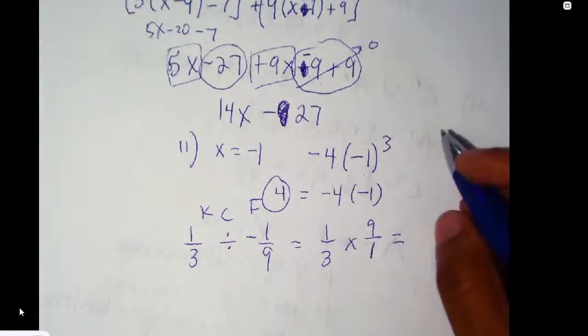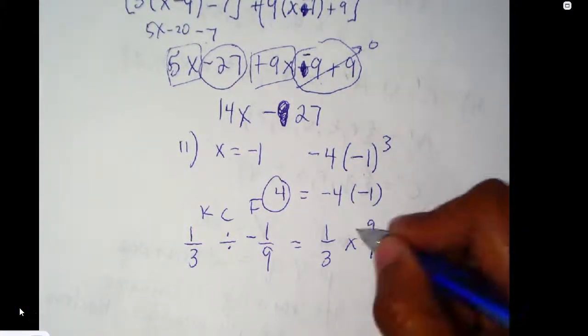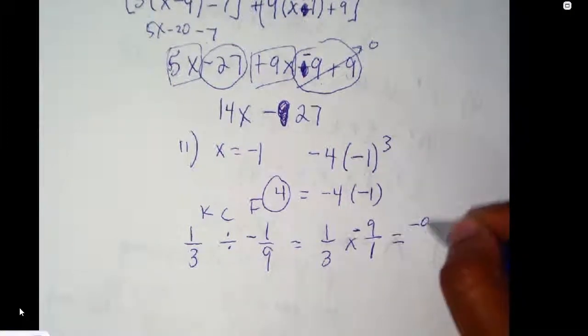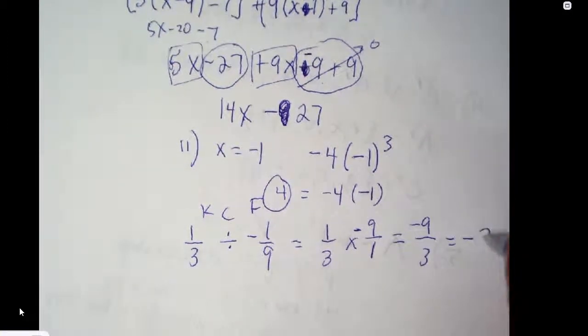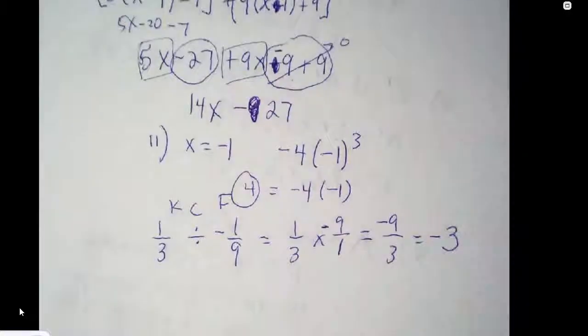And then we're just going to multiply across. Remember, this is negative. So this becomes negative 9 over 3, which becomes negative 3, the answer for that one. It's easy. All right, we'll just leave a couple. So 13 I'm going to leave for you guys. 14, let's talk about 15.